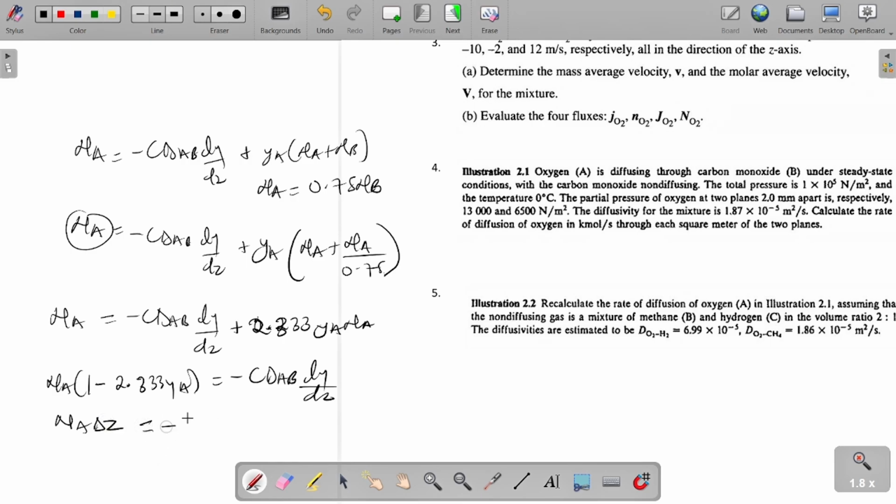Then I'll have C DAB, and here I'll have dy divided by 1 minus 2.333 Y. If I do the integration for this side, I'll end up with minus 1 over 2.333 ln of (1 minus 2.333 YA). Then I'll integrate from YA1 to YA2, so I'll put in the limits.